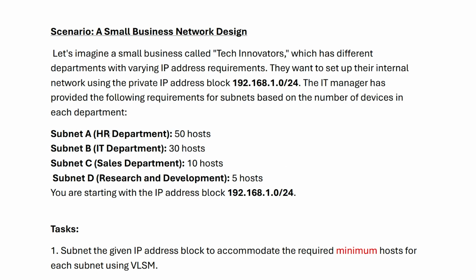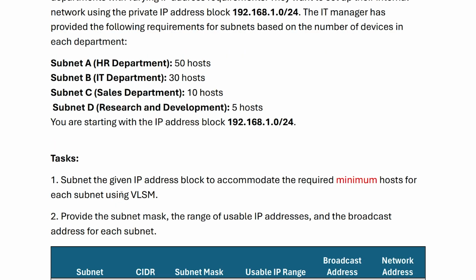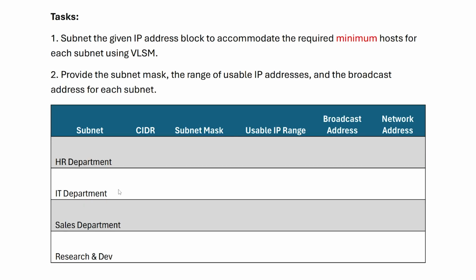We have the HR department that requires 50 hosts, the IT department that requires 30, the sales department that requires 10, and then the research and development department that requires 5. So we have 2 tasks in order to solve this problem. 1, we have to subnet the given IP address block to accommodate the required minimum hosts for each subnet using VLSM.